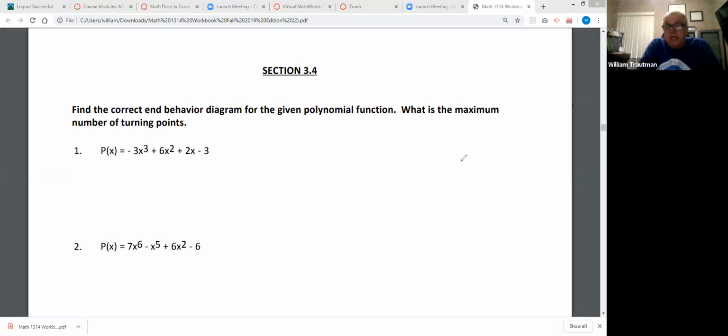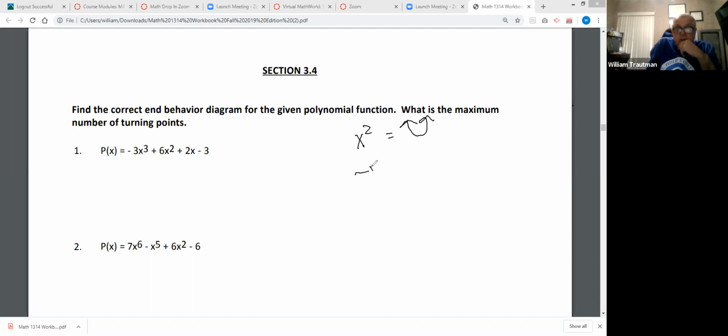Okay, so we need to understand things that we've already written down. If we see a function that's an x squared, we know the graph looks like this.